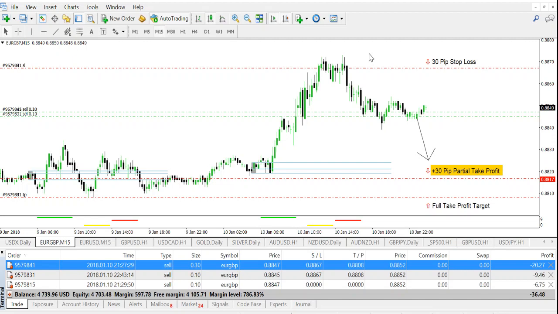Now, some of you may say, there are tools to help us trail our stop when our trade goes into profit, and there definitely are. You can take advantage of those. Those are additional features that you can add into MT4, and I'm not going to go through that for this purpose, but it's just an option.